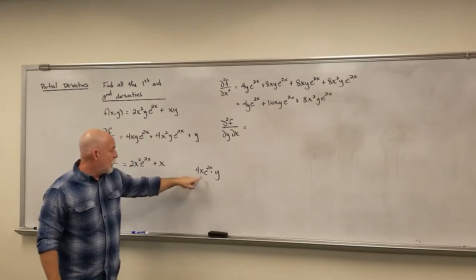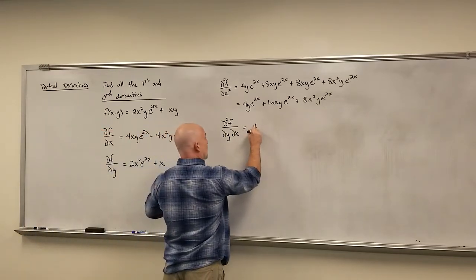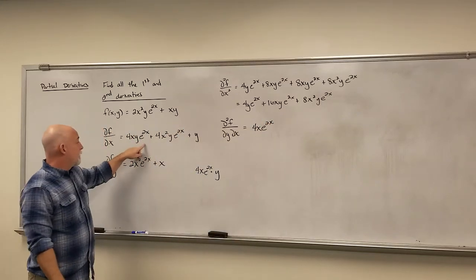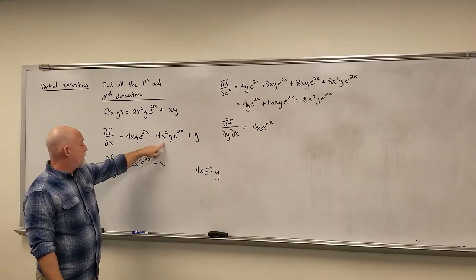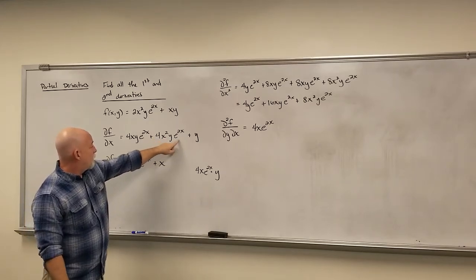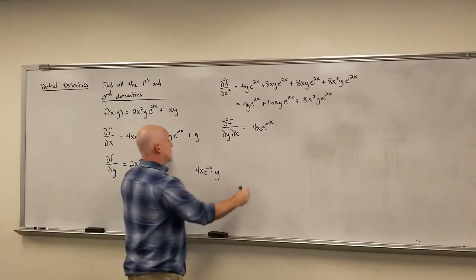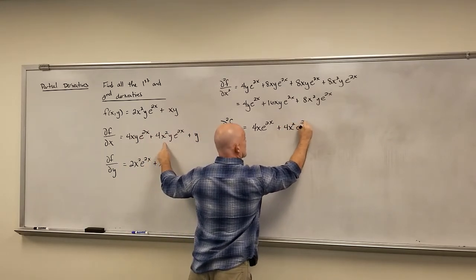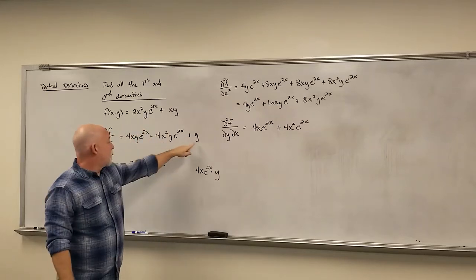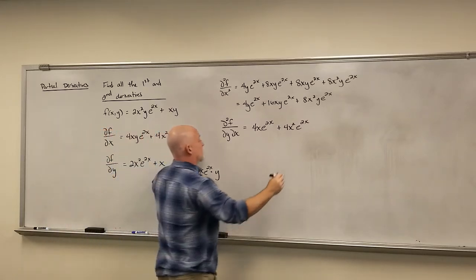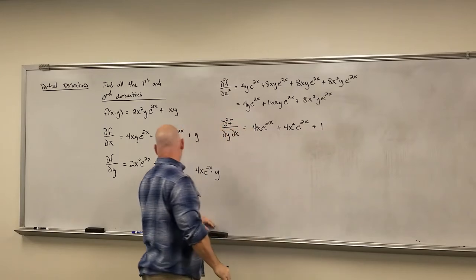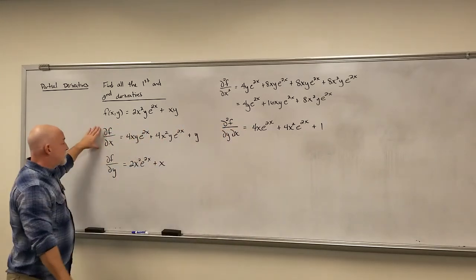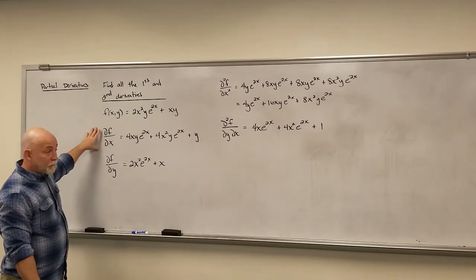The derivative of y is 1, so this is just 4x e to the 2x. The derivative of this with respect to y, the same thing's going to happen. All the x stuff is a constant, so the derivative of this piece is just 4x squared e to the 2x, and the derivative of y with respect to y is 1. Okay, so that's the two second derivatives of the derivative with respect to x.